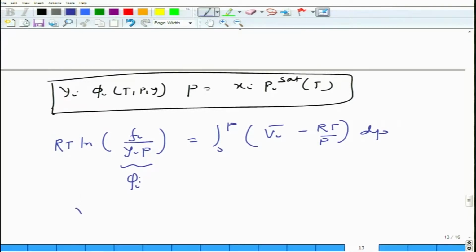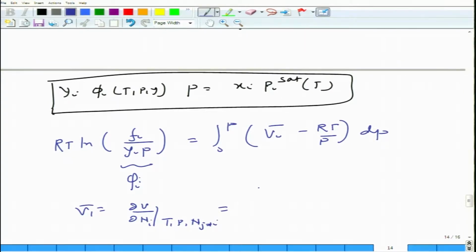Now, V_i bar is del V by del N_i at T, P, and N_j not equal to N_i.